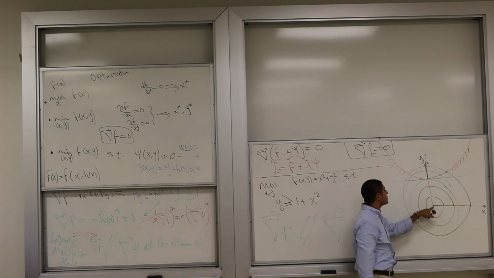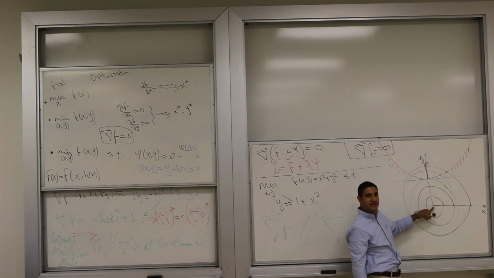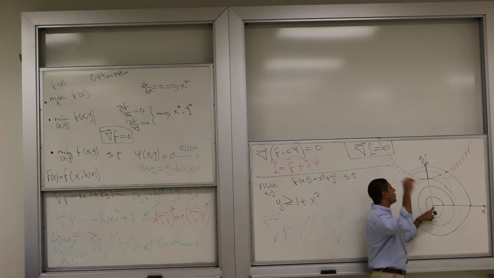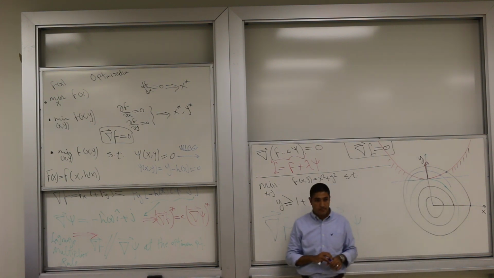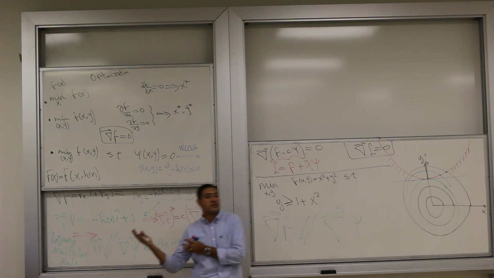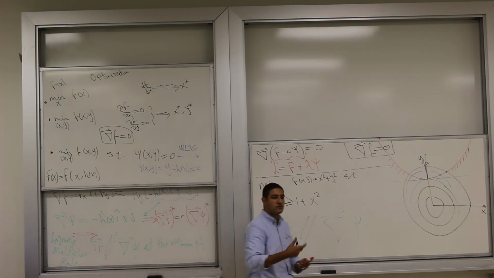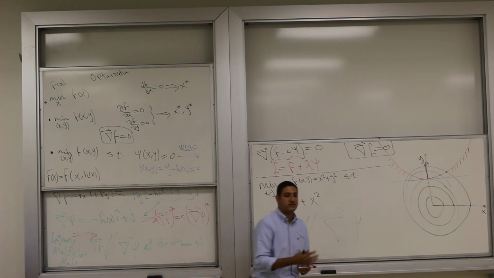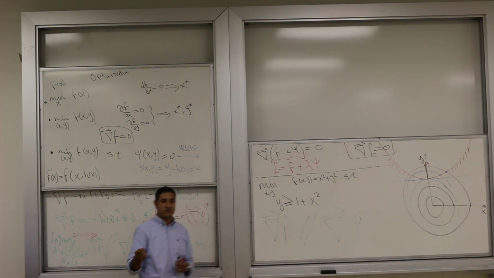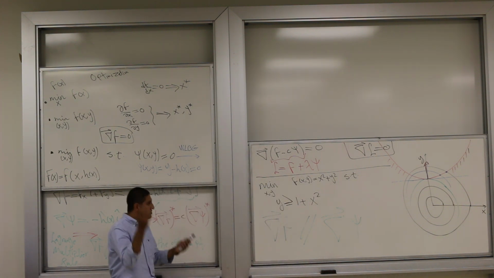I solved the unconstrained problem and found it here. It's not satisfying the constraint, so the best you can do is to be exactly on the line. So you solve it once unconstrained, and if it's not satisfied, you convert your constraint into an equality constraint. This is the logic behind what we call the switching condition in optimization.